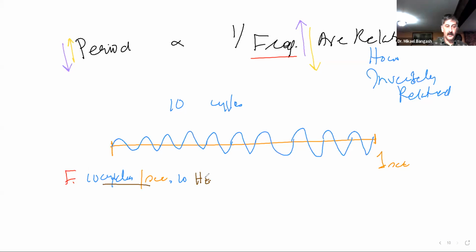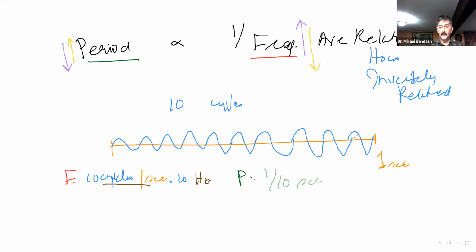Now comes the question: what's going to be the period for each cycle, if we had 10 cycles completed within a second? Now the period for each cycle is going to be 1/10 of a second.